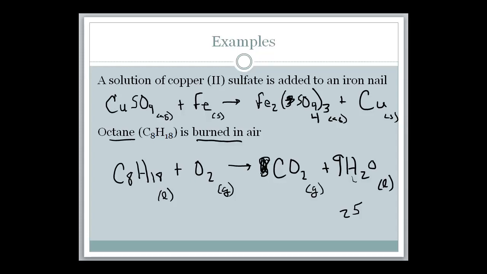So let's double that and make that 16 and 18. Let's rebalance our carbons, which automatically balances our hydrogens. Now we have 32 plus 18, so that's 50 oxygens. So we are going to put a 25 there. And that is not unusual to have large coefficients in combustion reactions.